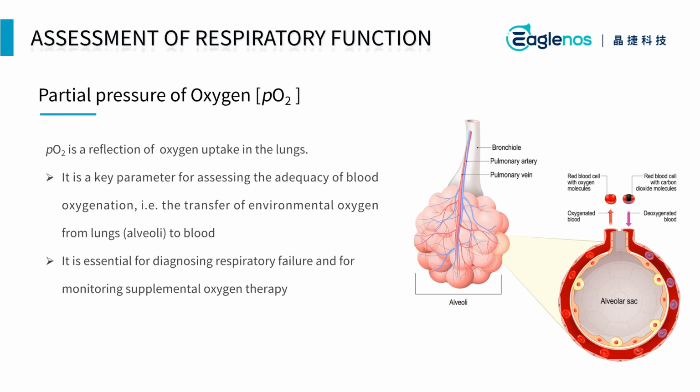For example, if the partial pressure of oxygen is too low despite supplemental oxygen, it may indicate the need for higher oxygen concentrations, or perhaps a change in the method of oxygen delivery, such as the transition to mechanical ventilation. Monitoring partial pressure of oxygen over time allows clinicians to track the patient's response to treatment, adjust oxygen supplementation as needed, and ensure that the patient maintains optimal oxygen levels to support cellular function and metabolism.